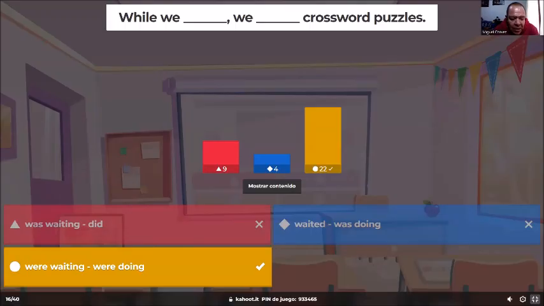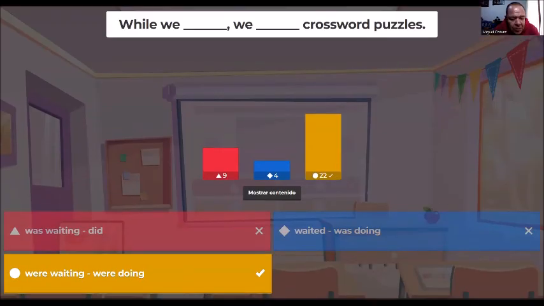While we were waiting, we were doing crossword puzzles. Two actions taking place at the same time.